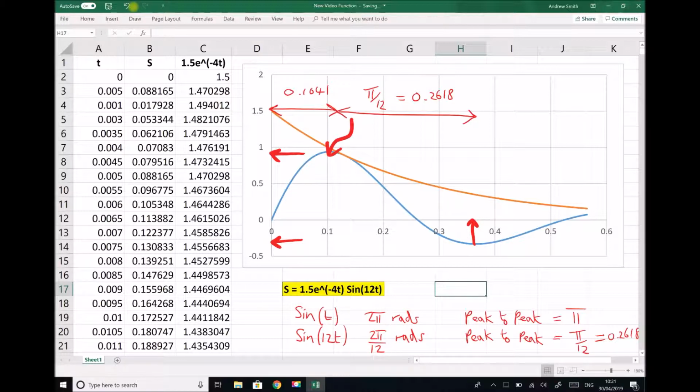Therefore, to find the time to our second peak, we just need to add pi over 12 onto our original value of 0.1041. Now, if we add those two values together, we get an answer of 0.3659, which appears to correlate with what we have on our graph here. So the value of t at our second turning point is 0.3659. Let's return to our calculations.